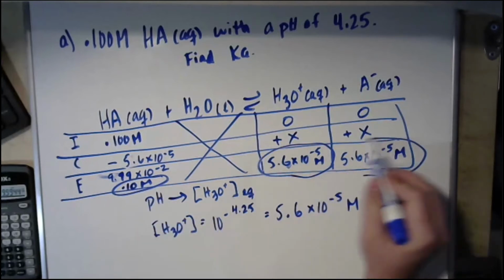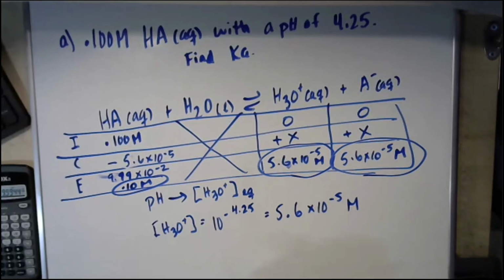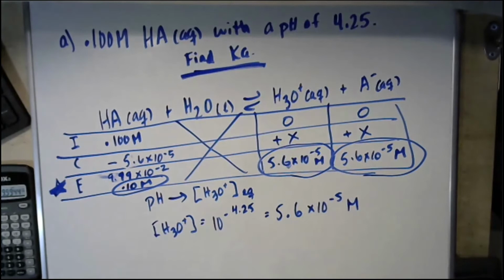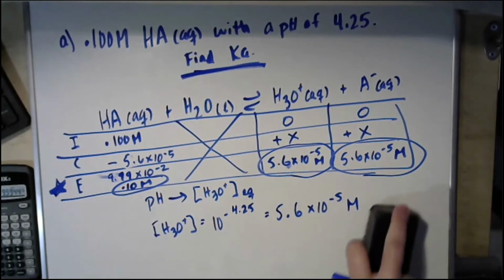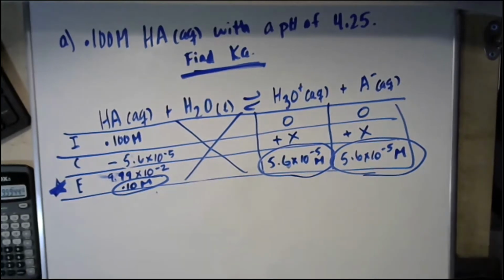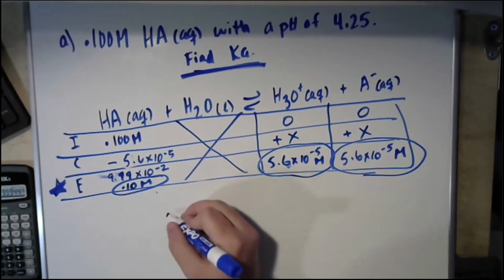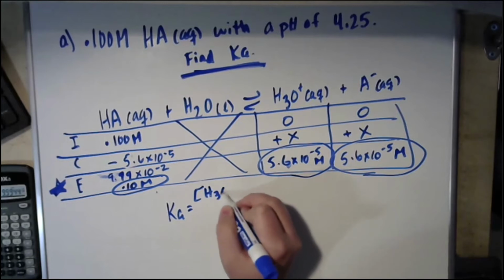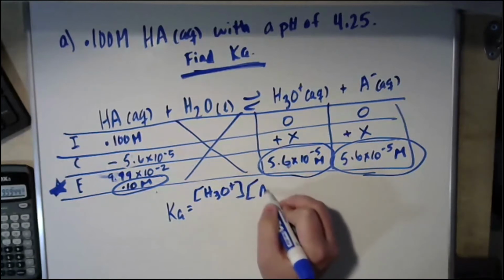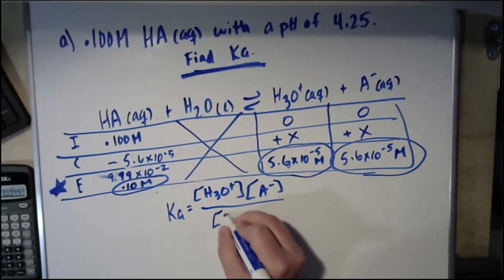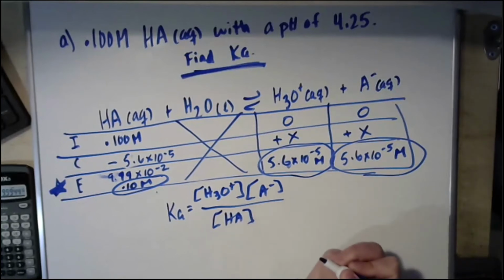All right, so these are our equilibrium concentrations. And just like in the last chapter, when we are calculating this Ka, we can only use equilibrium concentrations because Ka is just another equilibrium constant, even though it's attached to an acid in this question. So to find our Ka value, it's going to be our product concentrations divided by our reactant concentration.